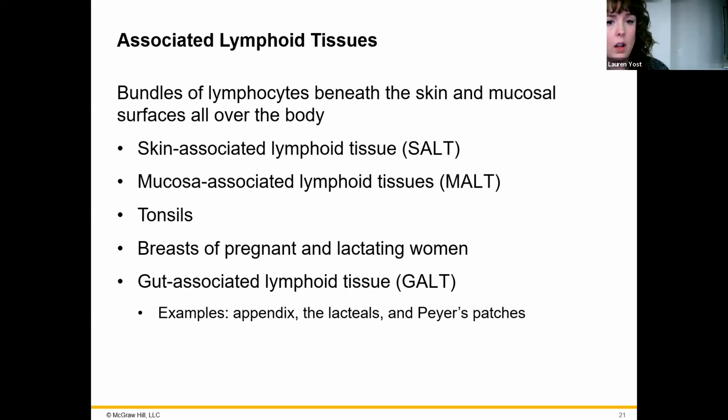We'll talk about more. Okay, these are the alts, the salts, the malts, and the galts. SALT is skin-associated lymphoid tissue. MALT is mucosa-associated lymphoid tissue. And then we have gut-associated lymphoid tissue. And then we have tonsils and breasts whenever someone is lactating. There's a whole stuff that gets activated with that.